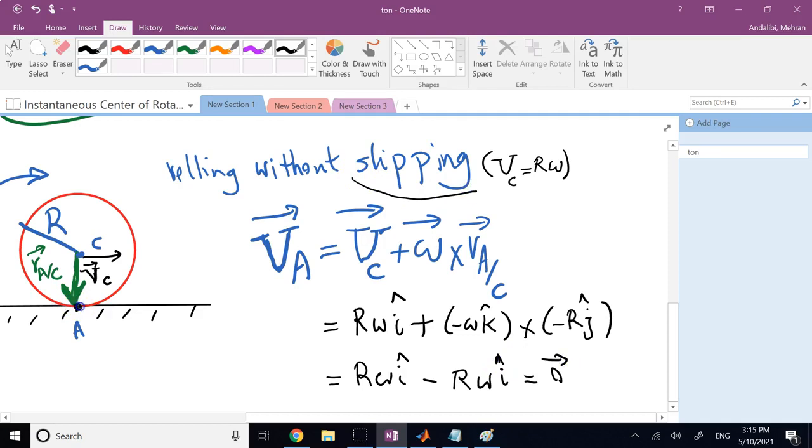So the velocity of the contact point is temporarily 0. Okay, although it's not going to be 0 all the time, this point will move, but at this moment where it comes into contact with the surface, it has to have 0 velocity. So the instantaneous center for a rolling object on a surface is always the contact point.